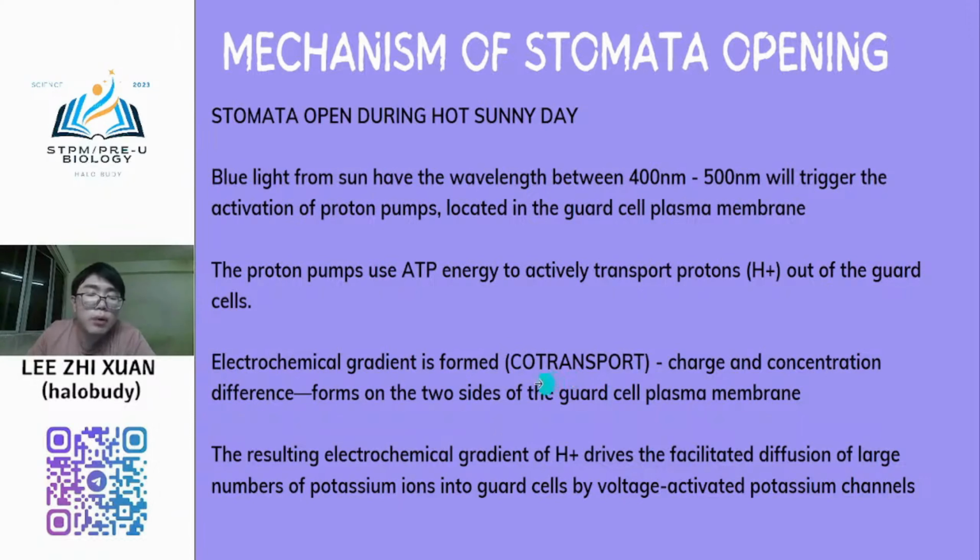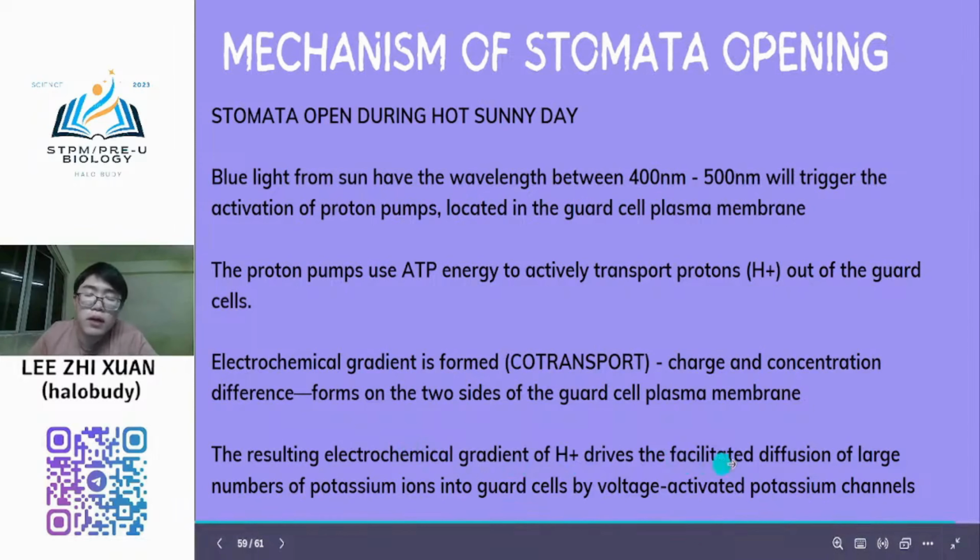So there are two sides of the guard cell plasma membrane, meaning there are charge and concentration differences across the guard cell plasma membrane. This resulting electrochemical gradient will drive the facilitated diffusion of a large number of potassium ions into the guard cell.